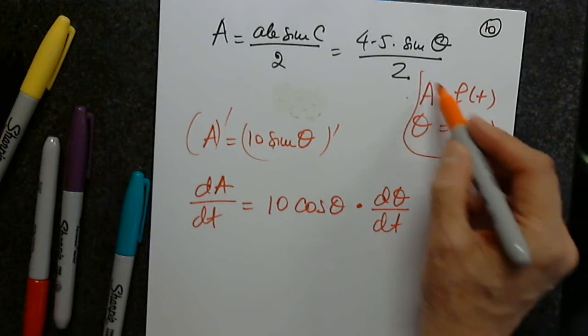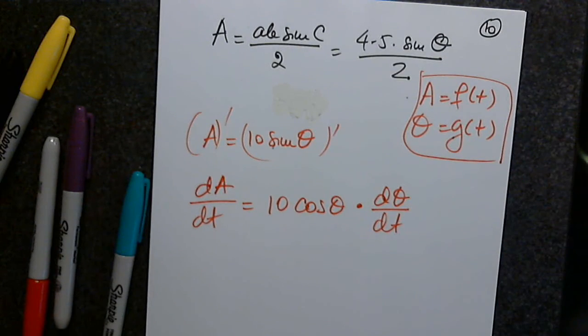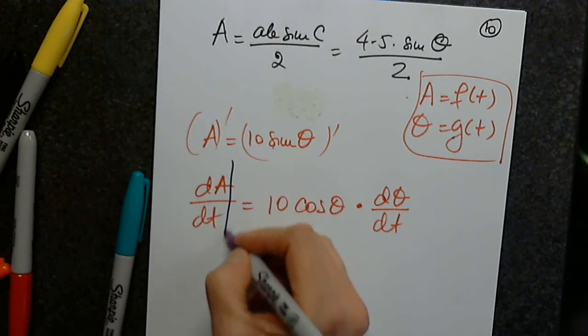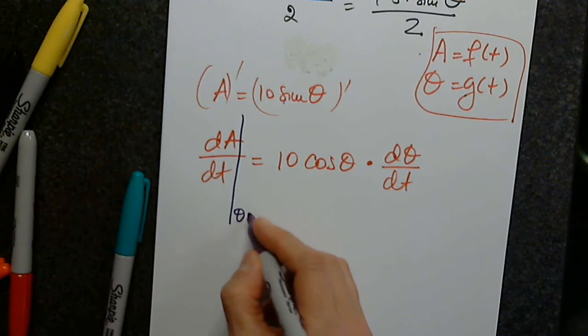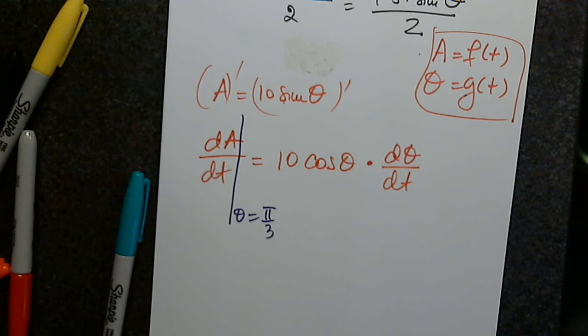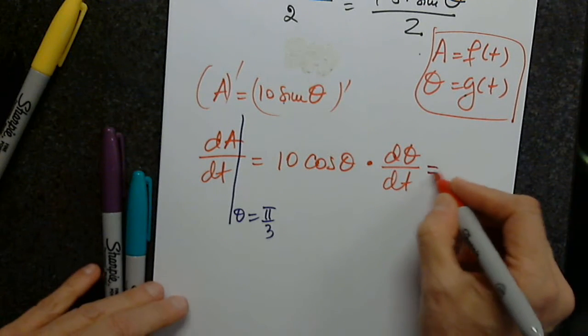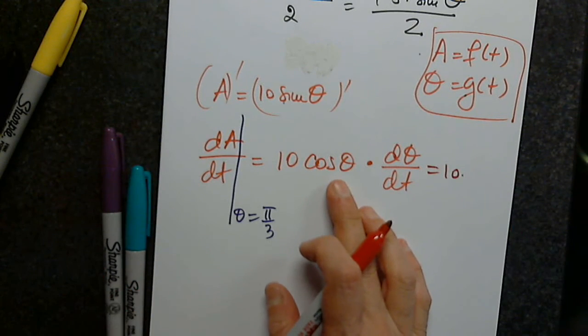That's why we put this on the side. Now and only now I can say when theta is pi over 3, because this is the end. So we have 10 cosine pi over 3.